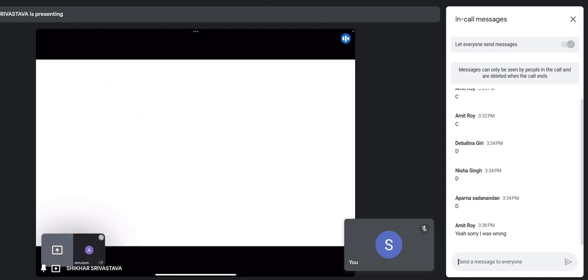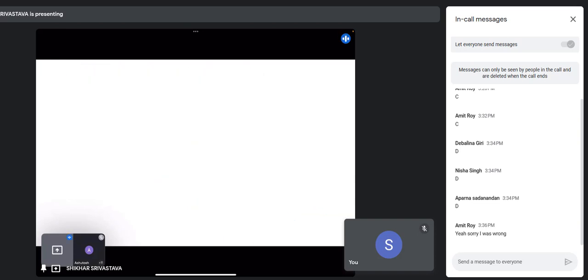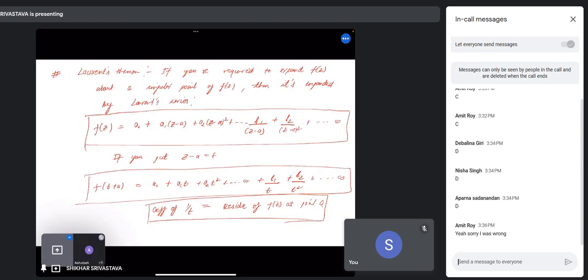So now I will move to residues. As I told you a few minutes before, in a Laurent series expansion you have this kind of expression, and the coefficient of the 1 by t term is called the residue of the function at that point.